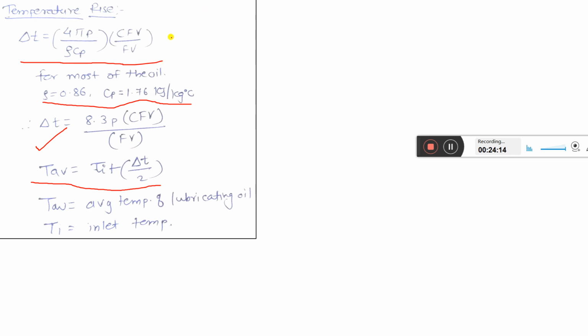As far as numericals are concerned, right now we are not going through the derivation, but the derivation is based on the thermodynamic equation Q is equal to mCp delta T, where Q is the heat generated. So depending on that theory of thermodynamics, heat generation, this temperature rise is derived. If you are interested, you can go through the theory videos, you will come to know that.